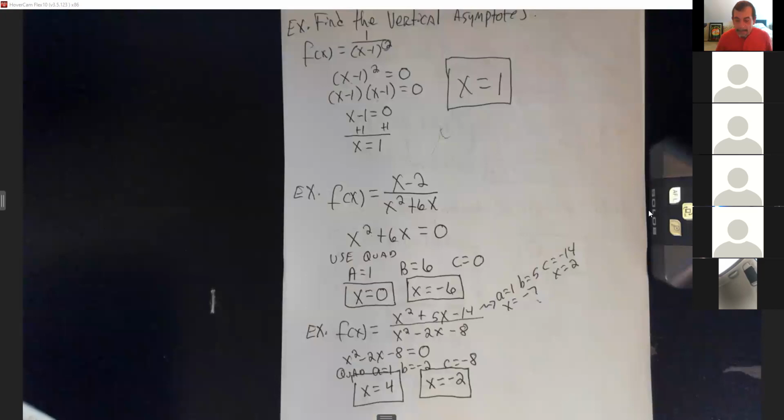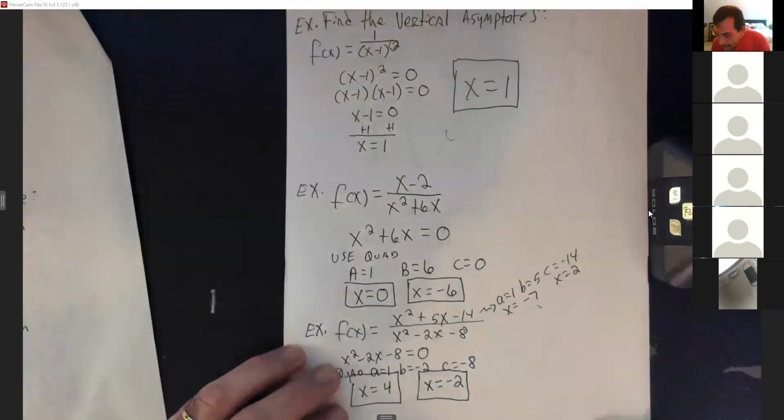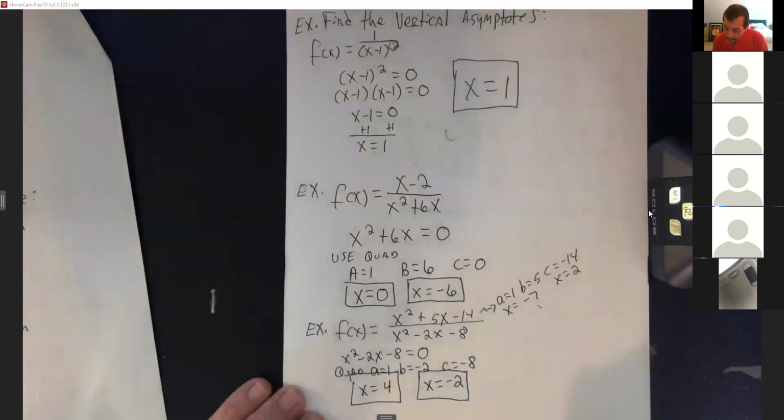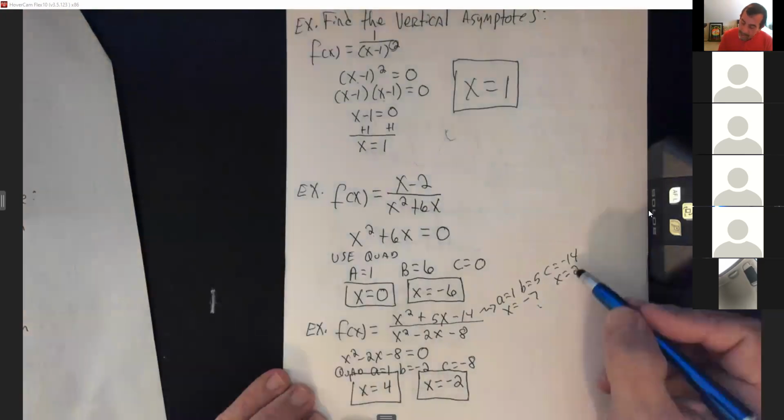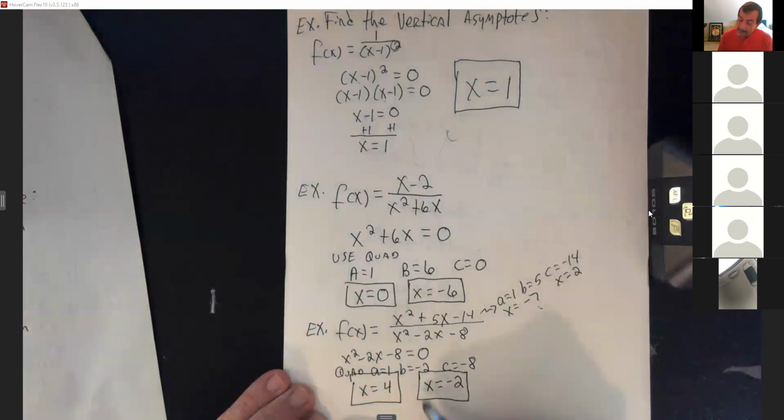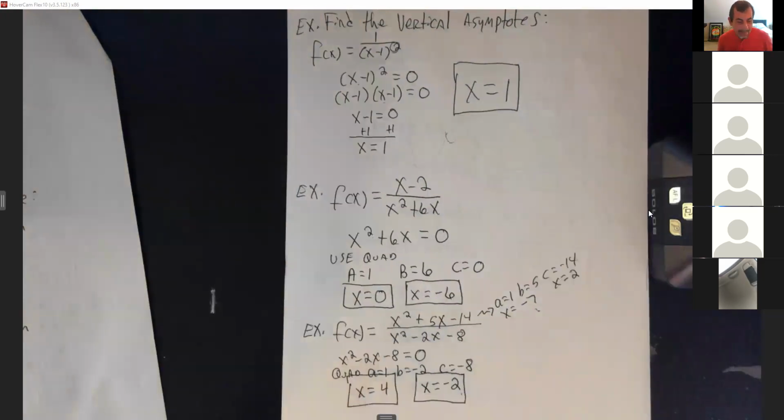Now, if that +2 for the top had been a -2, that would have canceled out. I would have canceled out that factor on top with the one on the bottom, and then the x equals 4 would have been my only vertical asymptote. Oh, okay, so the denominator answer is the only one that matters, though. Right. It's the only one that's going to give me the asymptote still.